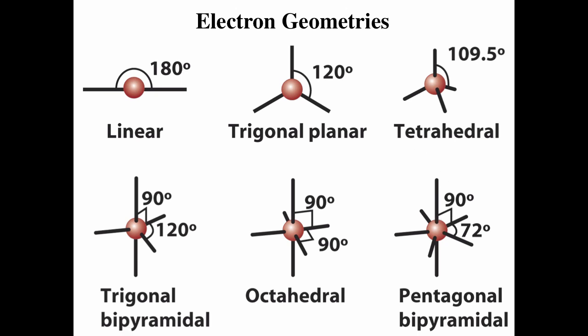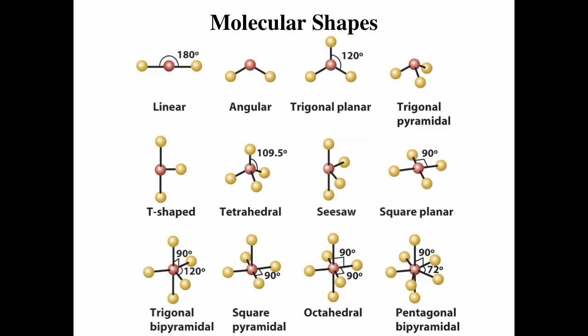And again, you're looking at regions of electron density, which could be a single bond, double bond, triple bond, or a lone pair. Now, molecular shapes or molecular geometries are a little bit different because you do not count the lone pairs. So for instance, here we have angular. And so you can imagine, say you had trigonal planar electron geometry, and this was a lone pair.